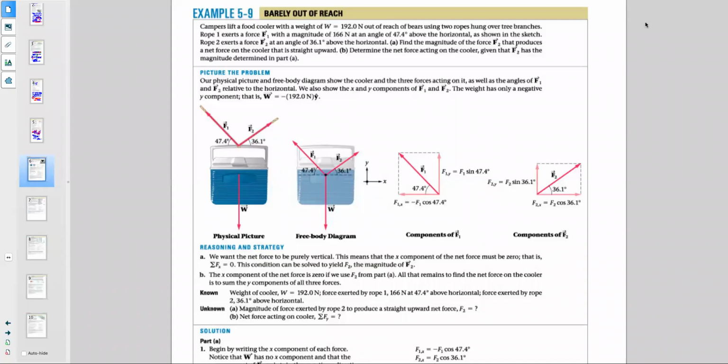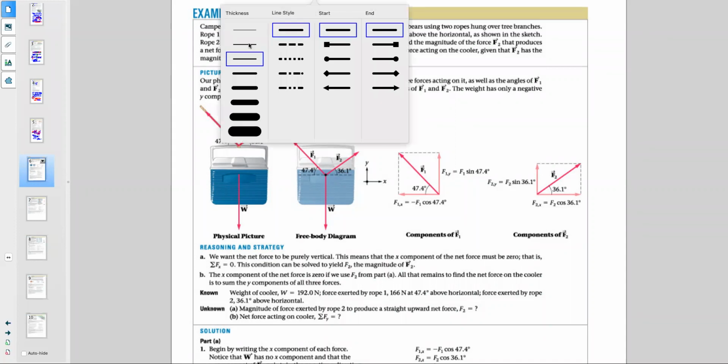Okay, a very common problem, example 5-9. Let's take a look at this problem first. So we have two forces acting on a cooler, F1 and F2. F1 magnitude is given to us, okay?